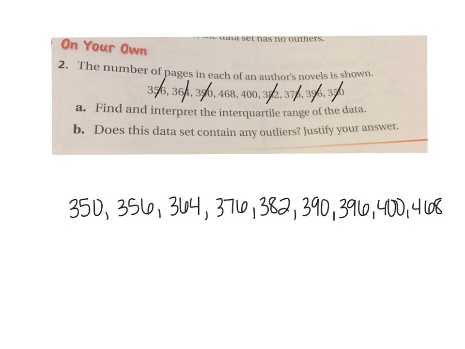All right, so I have ordered my data from least to greatest. And the first thing I have to do is find the median, so I can divide my data into Q1 and Q2. So if I find my median, I take one off the front, take one off the back, take one off the front, take one off the back. I continue doing that until I've reached the middle. And I find that 382 is my median.